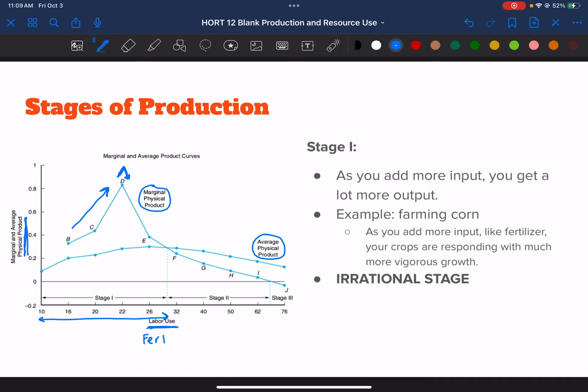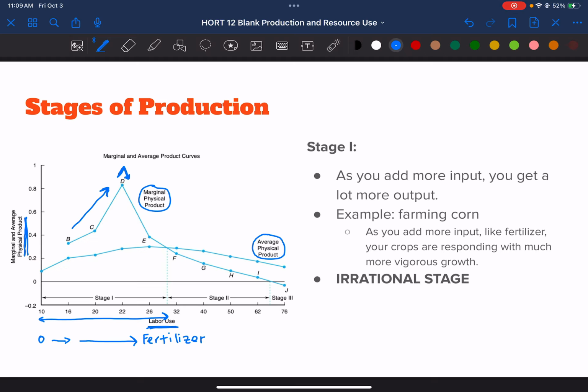Like if we are growing corn, if you add 0 fertilizer, you're not going to get a great crop. If you add a little bit of fertilizer, you're going to get a much better crop. And then as you continue adding more fertilizer, you'll keep getting a better crop until a certain point.